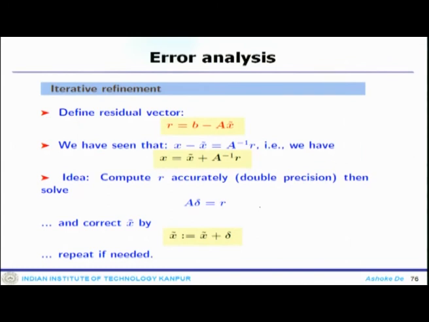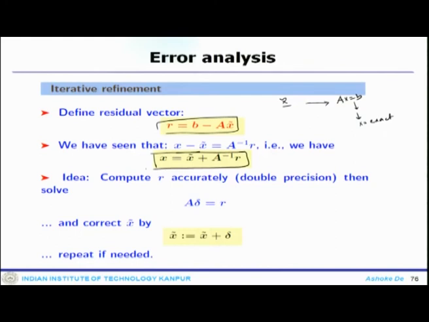Now, when you go to the iterative solution procedure, because finally you are solving A x equals b and slowly approaching the exact solution through an iterative procedure, x prime, as we said, could be the approximate solution to this particular system. Then the residual vector would be R equals b minus A x prime, and we have seen that x minus x prime equals A inverse R. So, we have x equals x prime plus A inverse R.